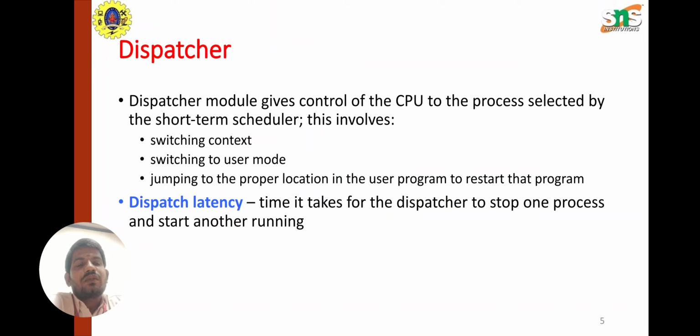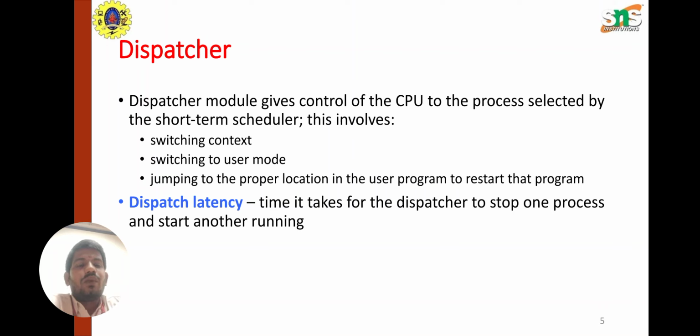Dispatcher. The dispatcher module gives control of the CPU to the process selected by the short-term scheduler. It involves switching context, switching to user mode, and jumping to the proper location in the user program to restart the program. Dispatch latency is the time it takes for the dispatcher to stop one process and start another running.